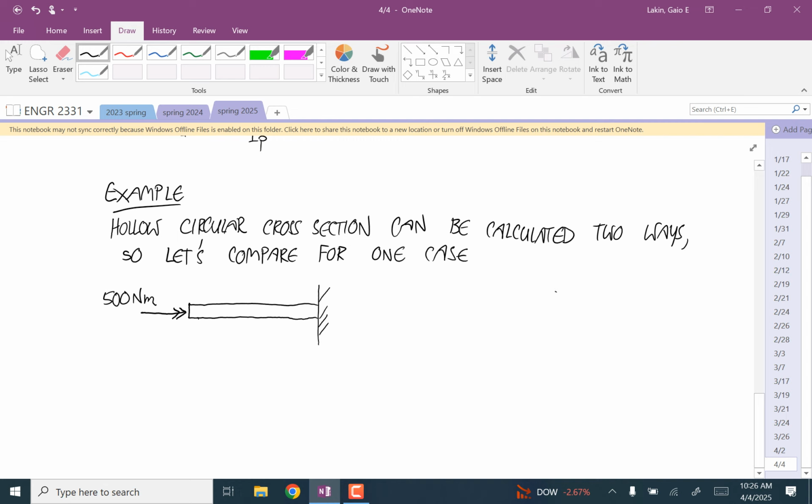And for the cross section, let's say the outer radius is 5 centimeters.